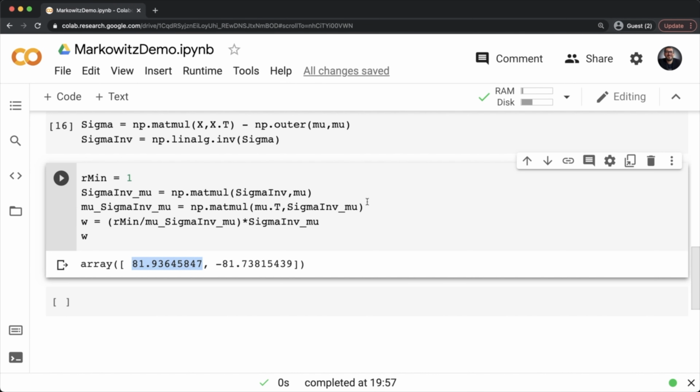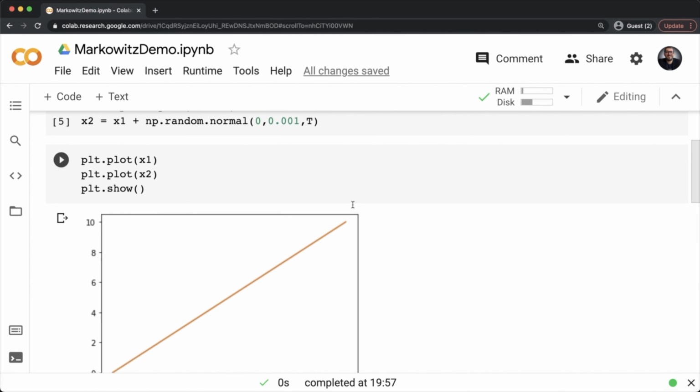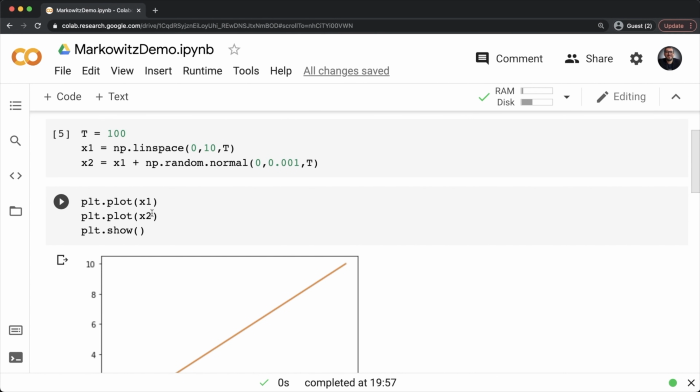In other words, money is borrowed for this particular asset. This doesn't make sense because X2 is almost the same as X1.